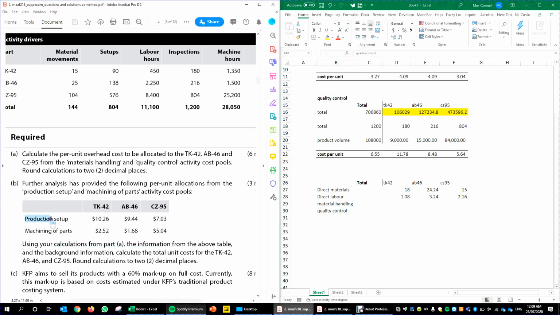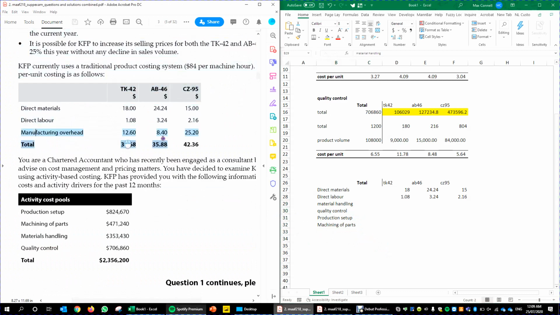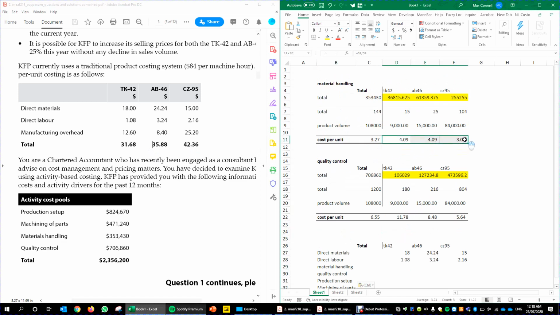The other information they've given us is production setup and machining of parts. They've actually provided us the unit cost allocations. The sum of those four things is basically going to equate to whatever was in here, manufacturing overhead. For the values of these ones, we can get them from up here.